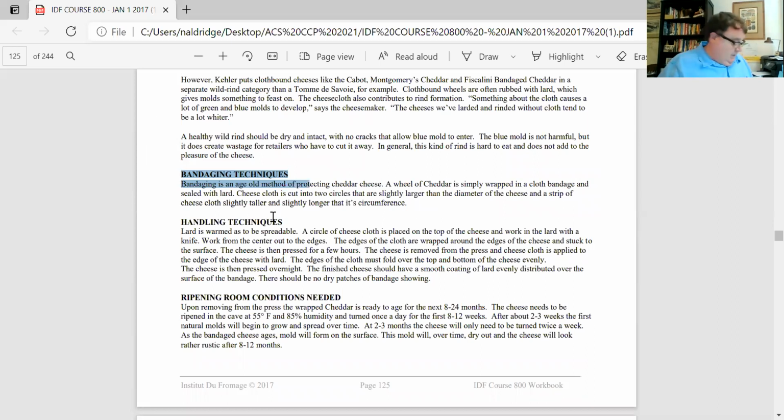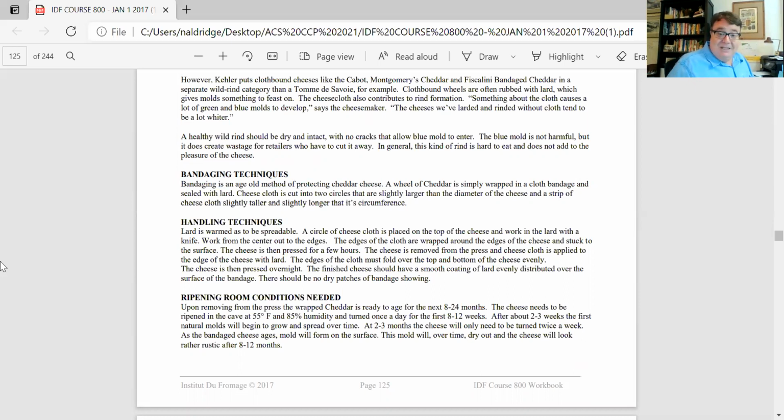These are the bandage techniques, so I would know that. But it's more important to know what a bandage cheddar is and how you apply it, versus the ripening room conditions for bandaging cheddar. You need to know that there is lard involved with the cheesecloth in a cheddaring aspect, and that would make it non-vegetarian friendly, of course.